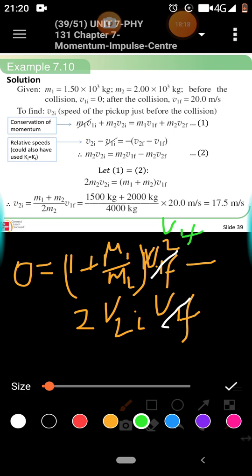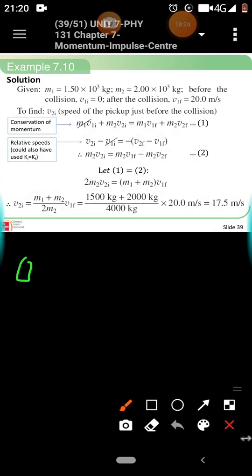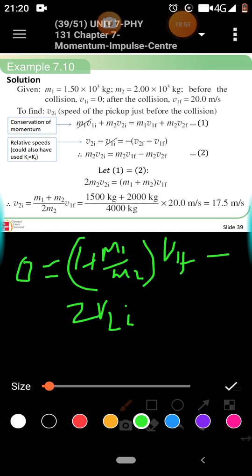So the new equation will be 0 is equal to (1 plus m1 over m2) times v1 final, minus 2 v2 initial.